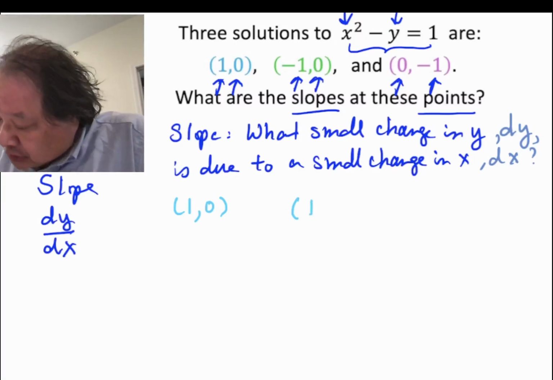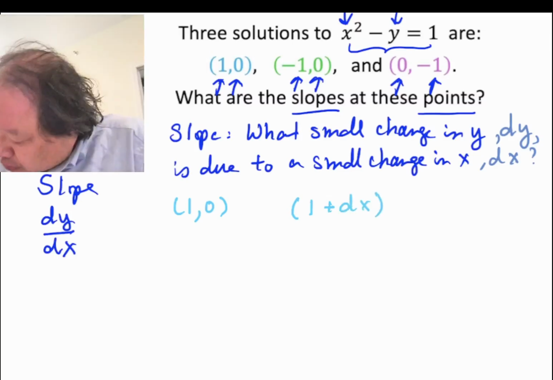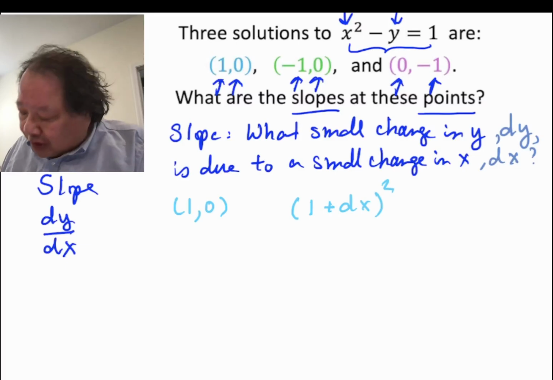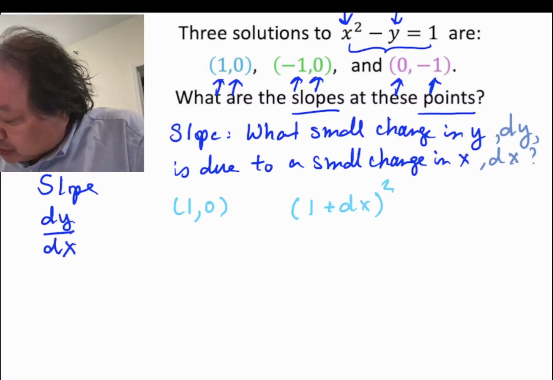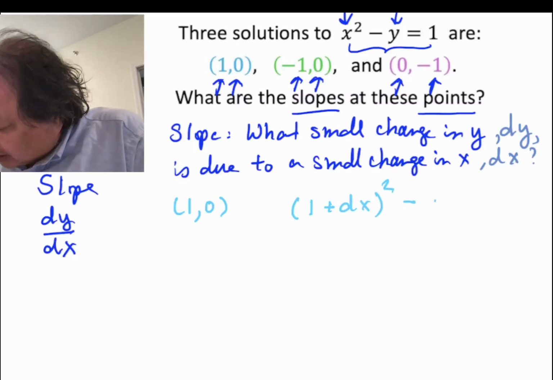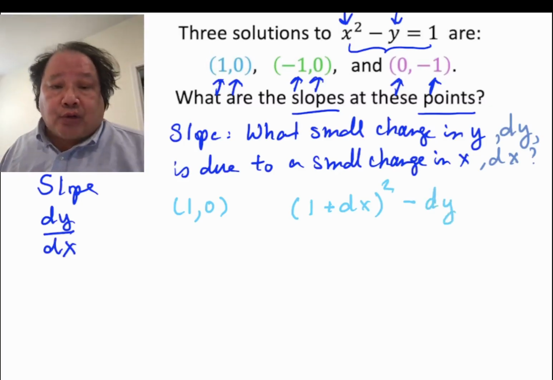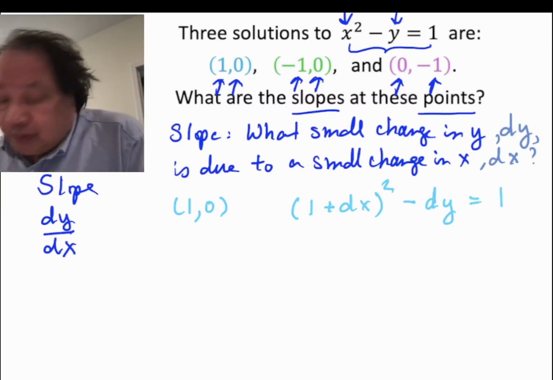The small change in x value is dx. Since it's x squared, we square this new x value. And the initial y value was 0. The only change to it is dy. So minus y is now minus dy, since the initial y value was 0. And this whole thing is equal to 1.